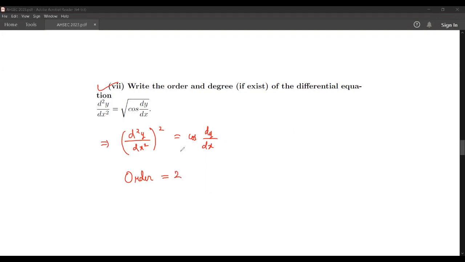But since this equation is not a polynomial in terms of dy by dx, due to this trigonometric term, your degree is not defined here. So the answer is: order is 2, the degree is not defined.